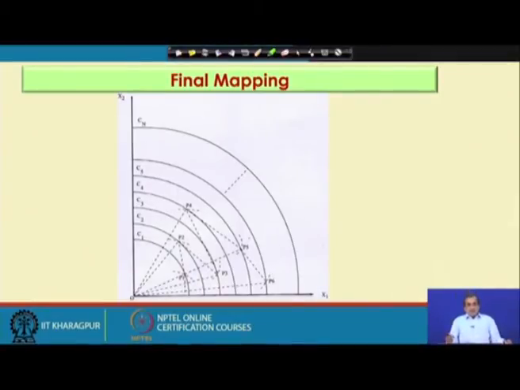Till now, corresponding to each of the data points, I have got one connecting weight, the updated value. We have got capital N number of data points, so we have got capital N number of connecting weights or synaptic weights.